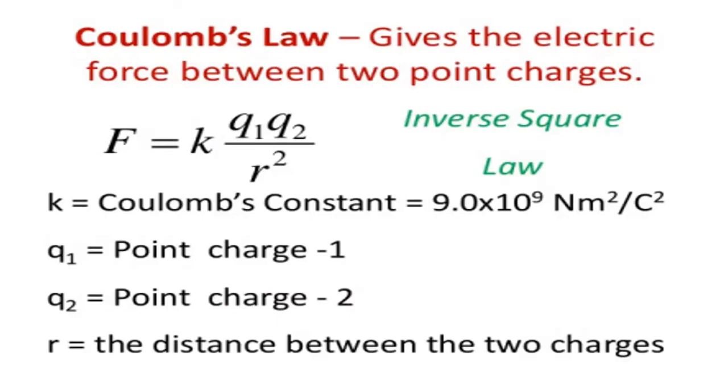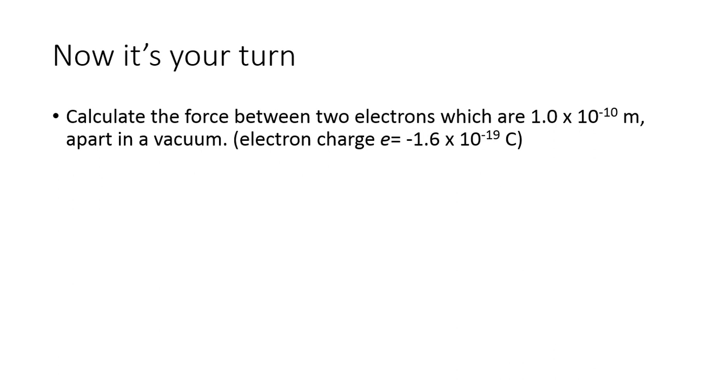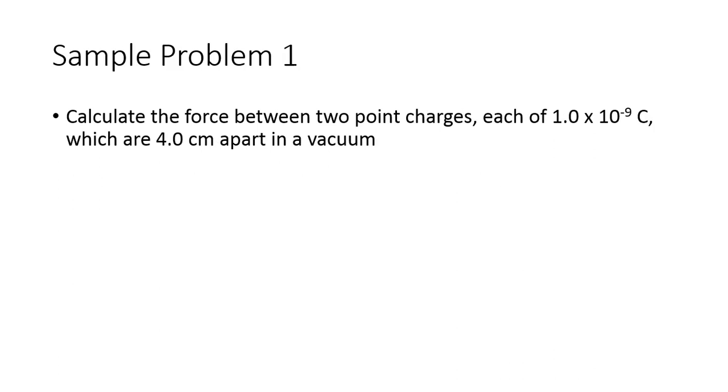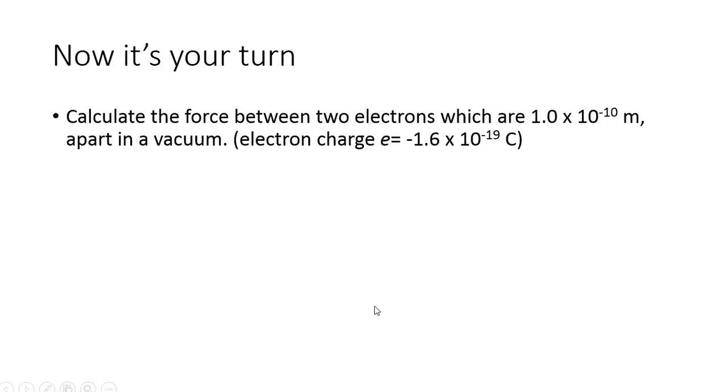An example is, example number 1. The given values are here. Since it is just a vacuum, F equals K Q square over R square. The value of K is 9 times 10 to the 9th power.